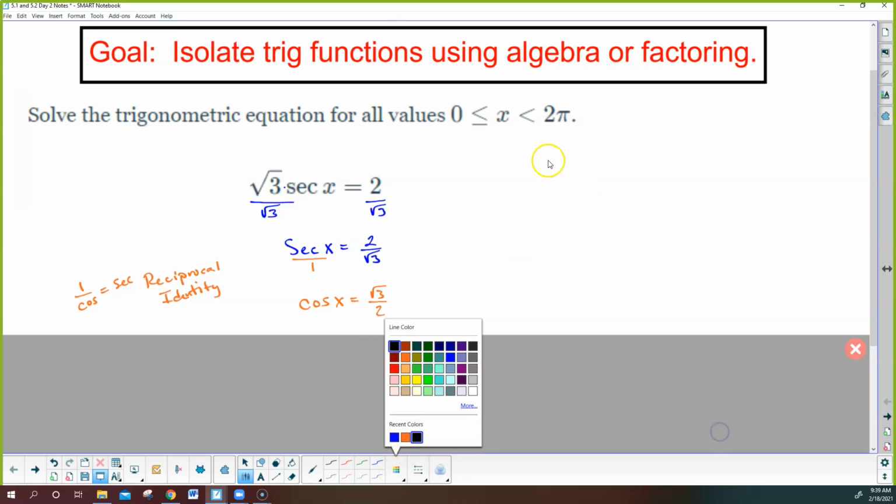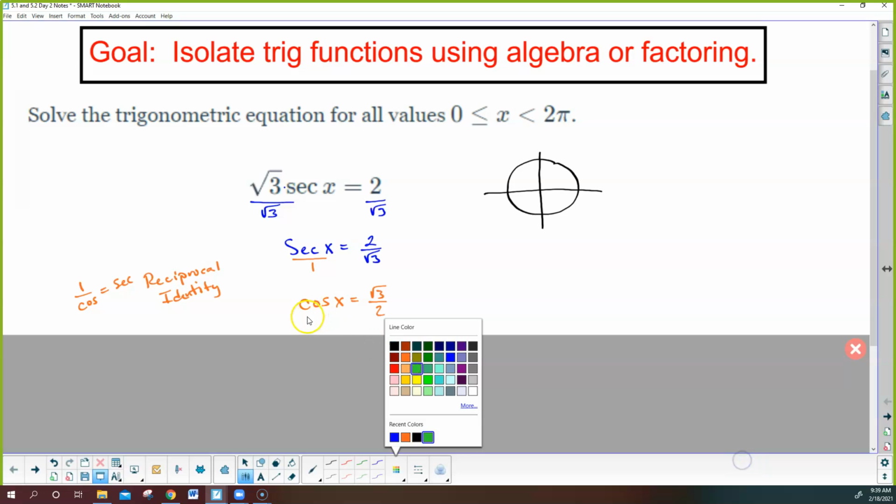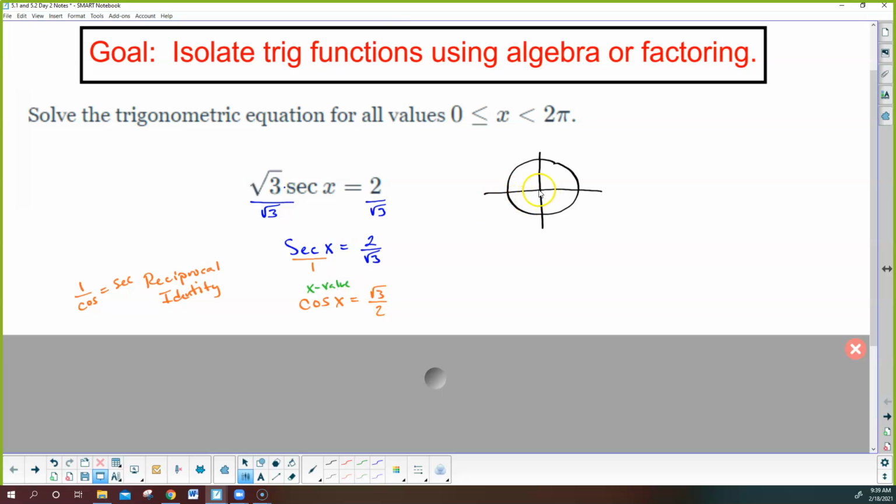And then what we're going to do is think of our unit circle. And we've got to think of when is cosine, which, by the way, is always the x value. So when is the x value equal to square root 3 over 2? So that would be going over kind of that longer triangle.